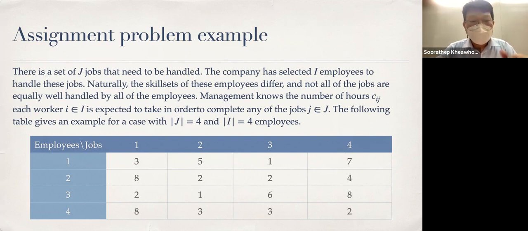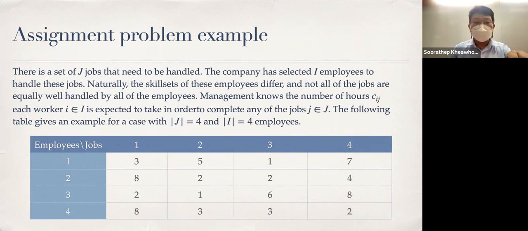The following table gives an example for a case where the number of jobs is 4 and the number of employees is 4. In this case, the number of jobs is equal to the number of employees. We have 4 employees and 4 jobs to be handled. The task is just to assign each one to each job.